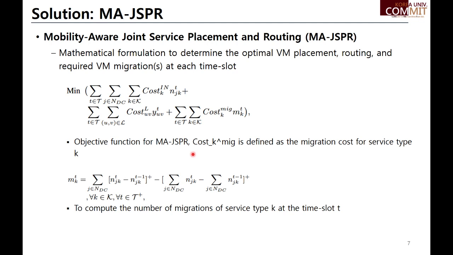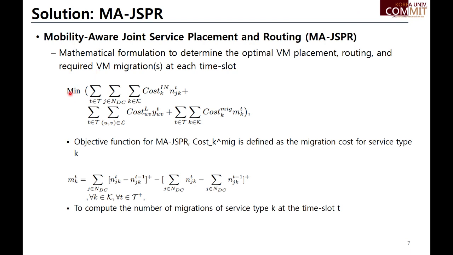In this paper, a mathematical formulation was proposed to determine the optimal virtual machine placement, routing, and required virtual machine migrations at each time slot. So the name is Mobility Aware Joint Service Placement and Routing, in short MA-JSPR.